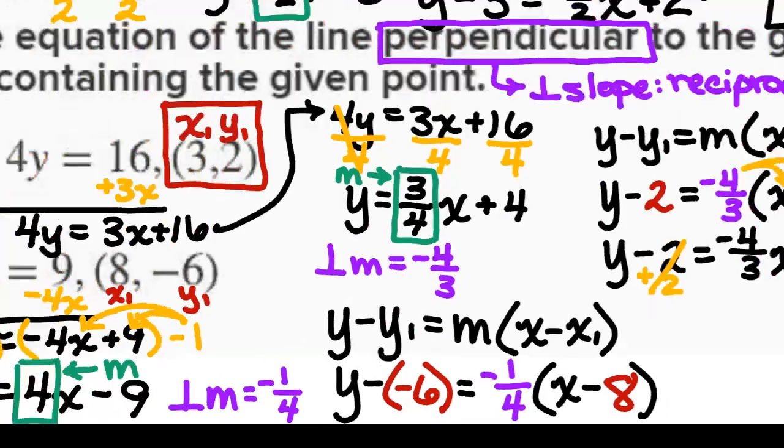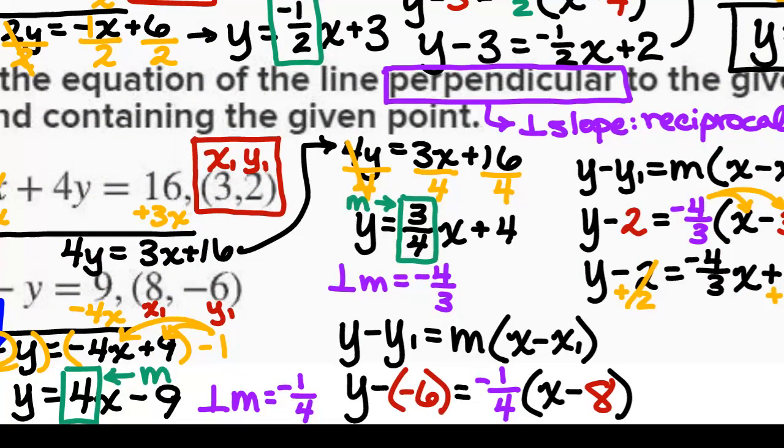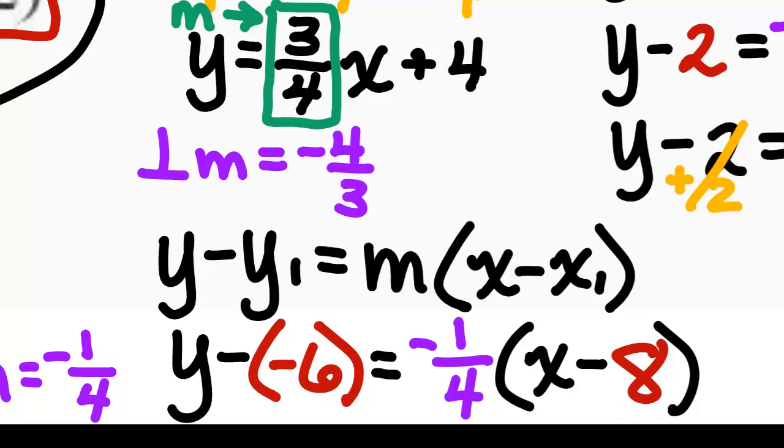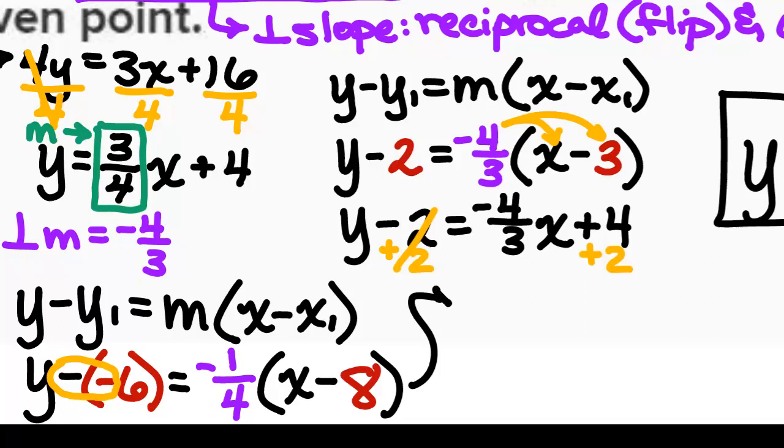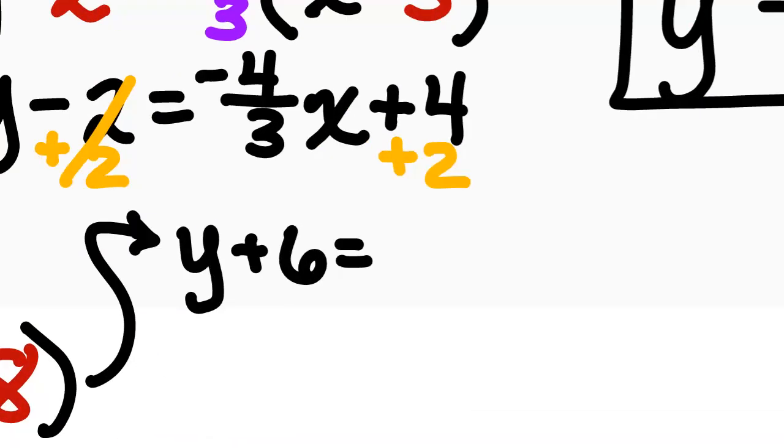All right, I need to kind of do two things at the same time. I'm subtracting a negative over here on the left, so that's going to turn into what? That's going to turn into a positive. So this will be y plus 6. And then on the other side, I need to distribute that negative 1/4 to each of the pieces inside my parentheses.